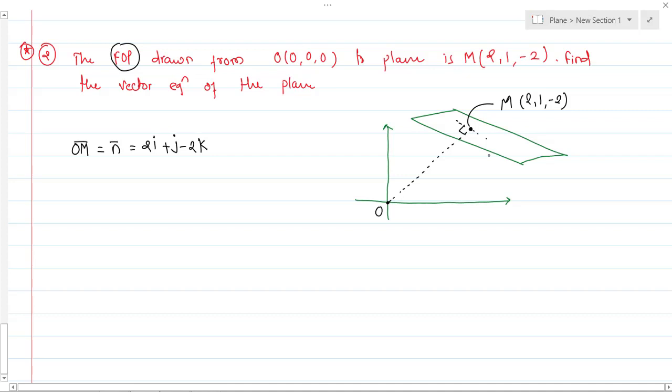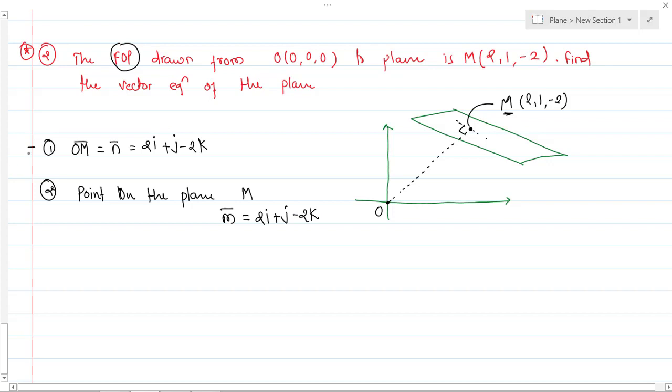Now to get the equation of a plane, you require two parameters. One is the normal vector, which you get here. The other we want is a point lying on the plane. Just by observing this figure, which point is lying on the plane? It is M. So M bar is 2i plus j minus 2k.